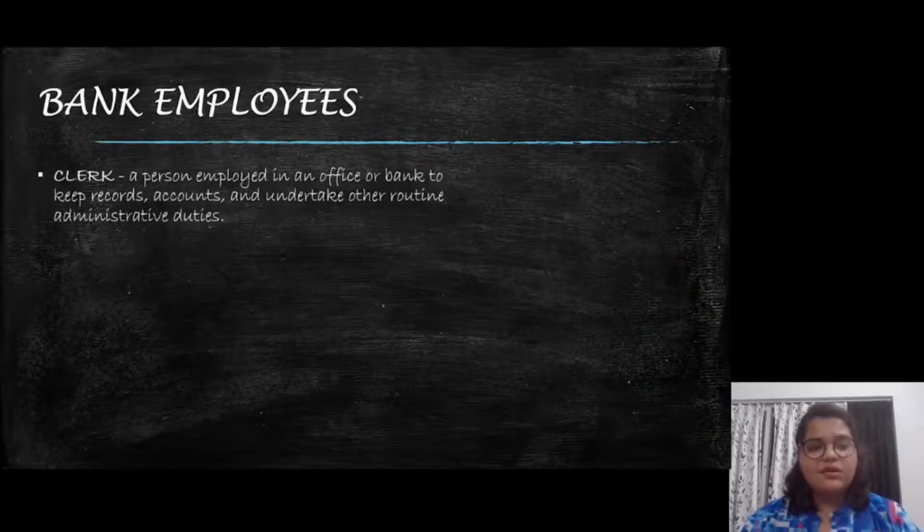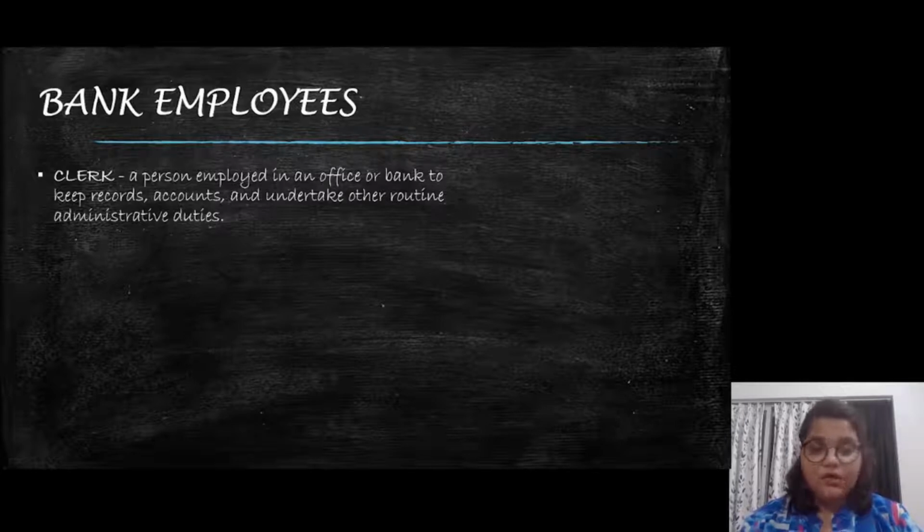So a clerk is a person employed in an office or bank to keep records, accounts, and undertake other routine administrative duties. So when we visit the bank, we see a lot of employees. Those employees are clerks. They do all the work that has been assigned to them. They undertake the routine administrative duties and the accounts.